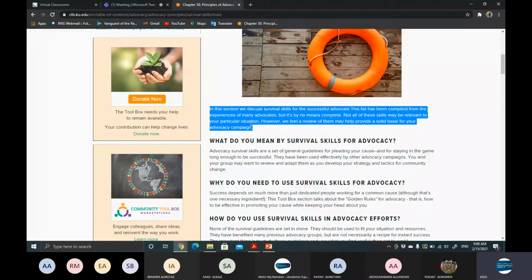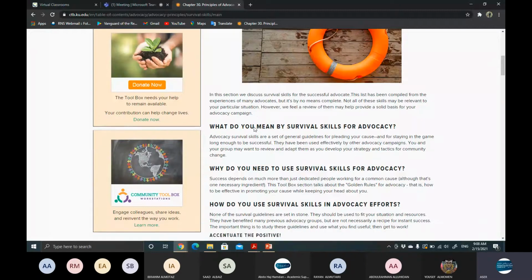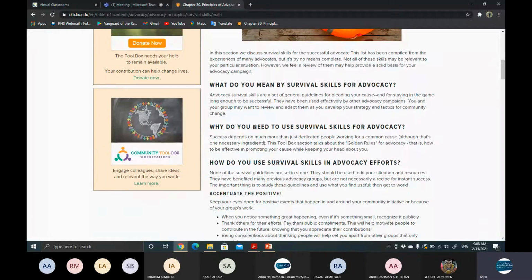However, we feel a review of them may help you to provide a solid base for your advocacy campaign. Meaning that those are some of the skills that can help you while conducting an advocacy campaign. And without a doubt, the skills needed for each campaign vary from one situation to another.